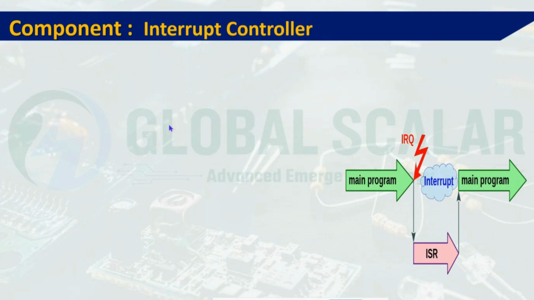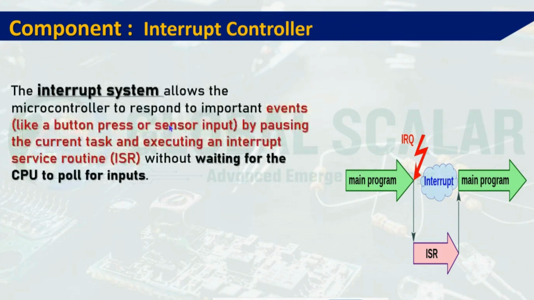Once the interrupt task is completed, it will return to the previous task. So the interrupt can be a hardware interrupt or a software interrupt, which allows the microcontroller to respond to the event which triggered it, without any waiting time.